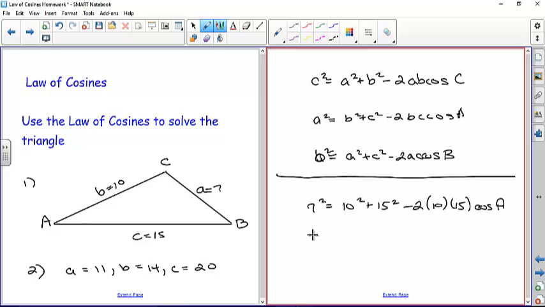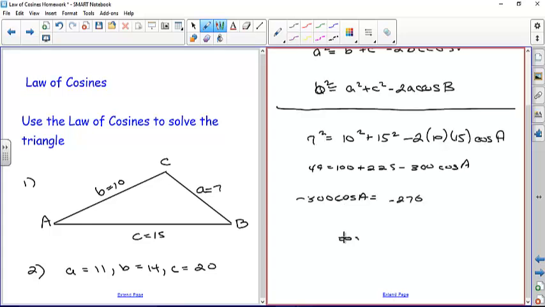So let's do that. 49 is equal to 100 plus 225, since 15 squared is 225, minus 2 times 10 times 15, that's 300 cosine of A. So we get negative 300 cosine of A, and if you take 49 and subtract 100, subtract 225, you'll get negative 276.